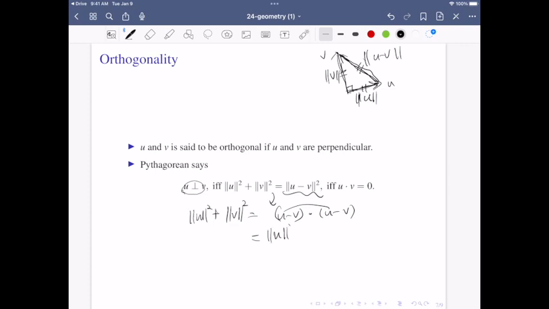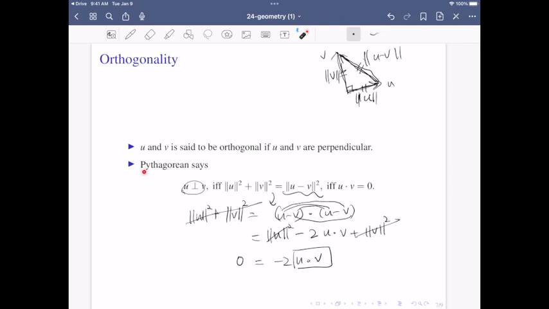So u dot u is u squared, then v dot u and u dot v give 2 times u dot v, and the last one is plus v squared. So the right-hand side and the left-hand side cancel out, leaving negative 2 u dot v.